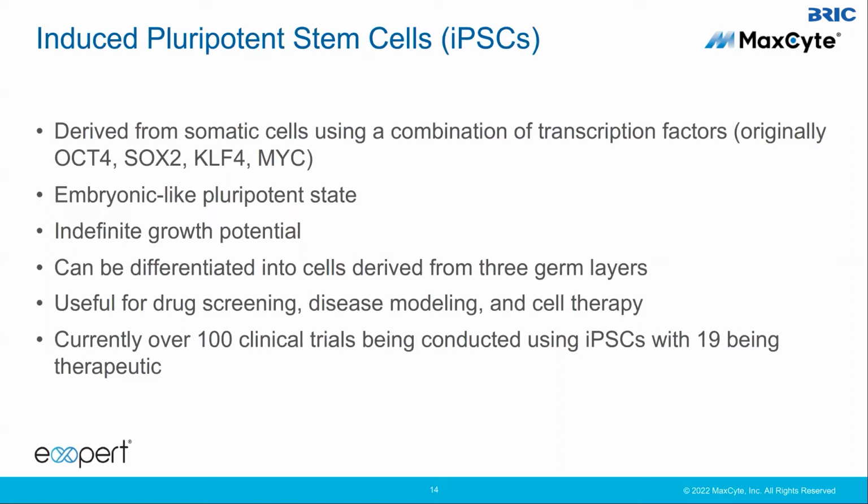So they can be differentiated into any cell in the body, cells differentiated from the 3 germ layers, and they are very useful for drug screening, disease modeling, and cell therapy. So currently there are over 100 clinical trials being conducted with iPSCs, with 19 being therapeutic, and of course that number is going up. These numbers were taken from a publication last year, so it's likely outdated.